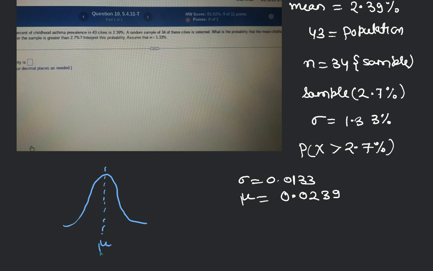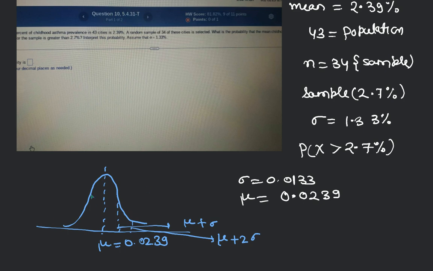If it is normally distributed, then mu equals 0.0239. The first standard deviation is mu plus sigma, and the second is mu plus 2 sigma, and we have to find x that is greater than 2.7%.